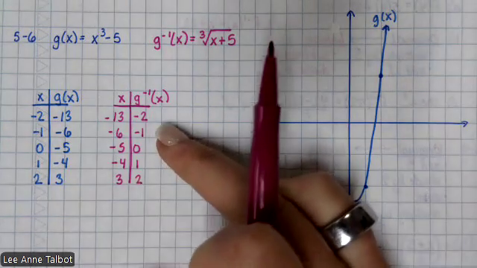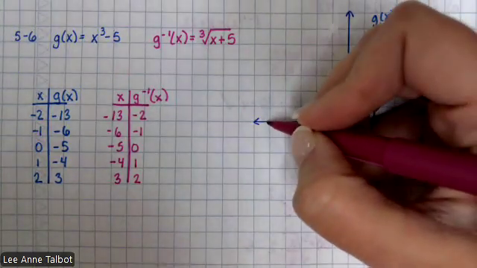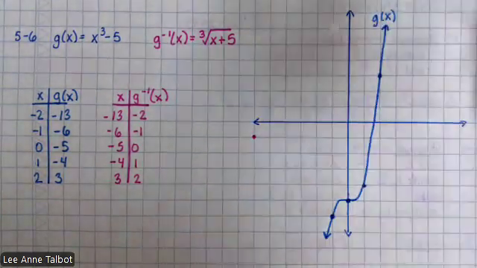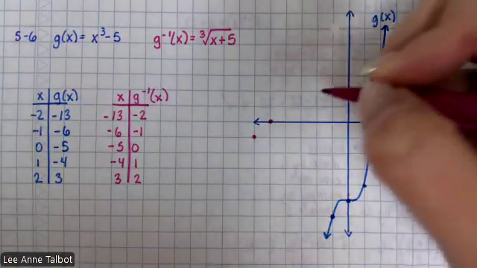And we're not going to graph this first one again. 2, -6, -1, -5, 0.